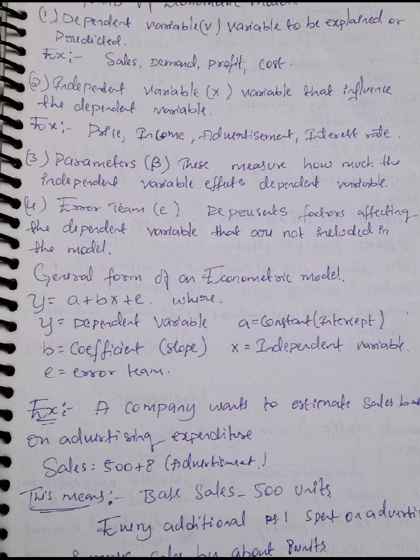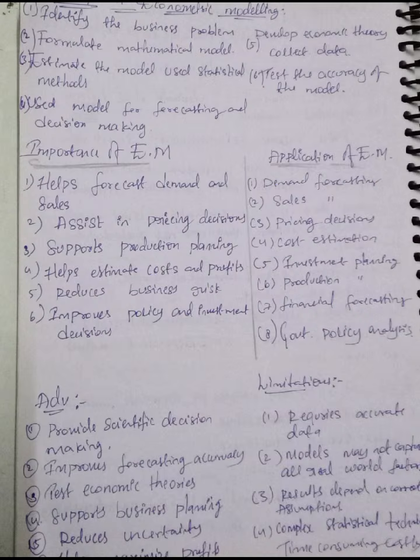Now another concept: steps in an econometric model. What are the steps involved? First, identify the business problem and develop economic theory.